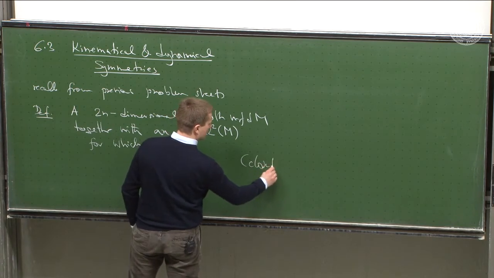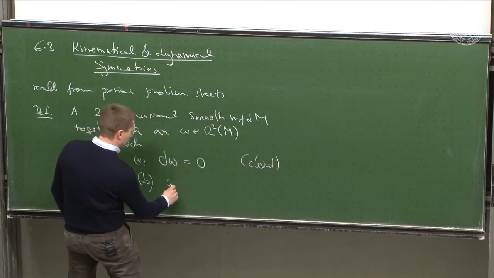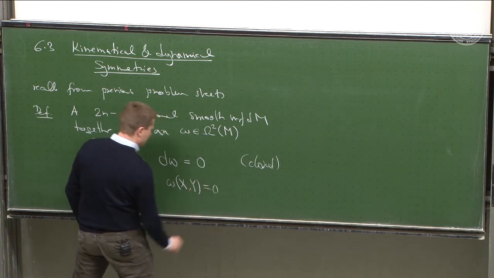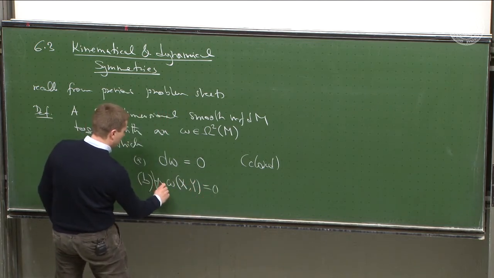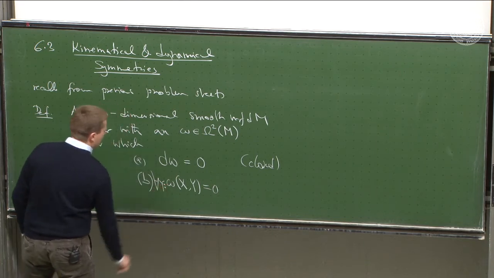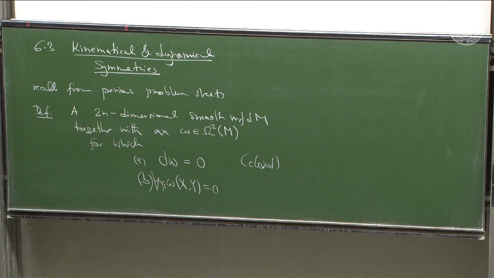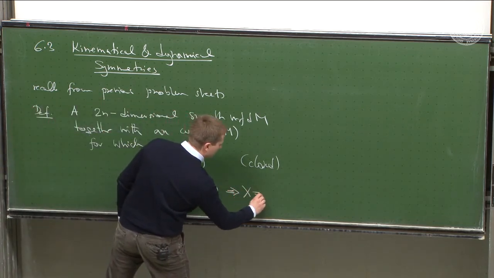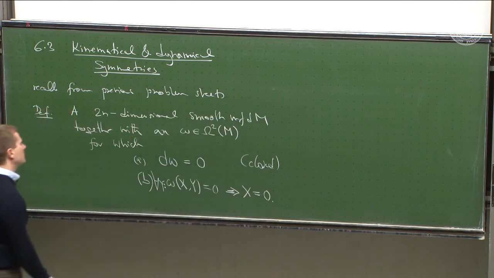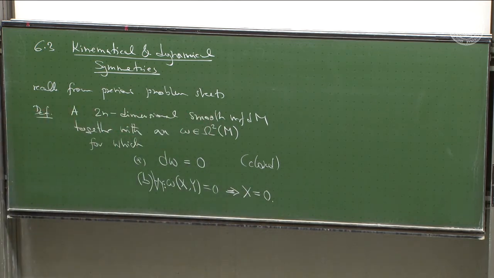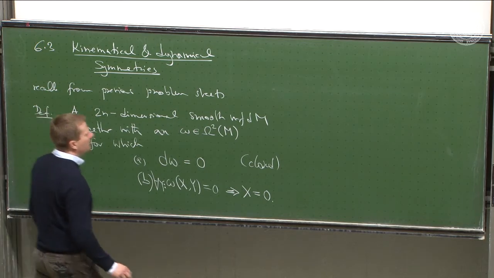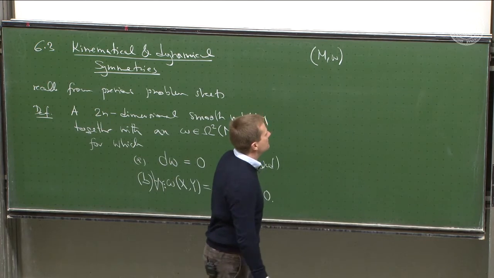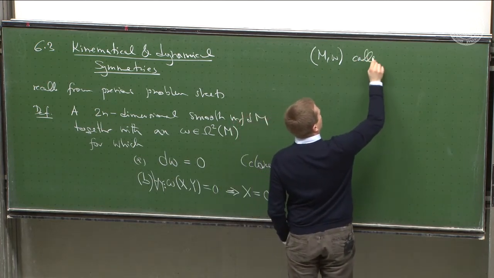So this is closed. And non-degeneracy here means that if you have omega of x and y equals 0 for all y, well, what is y? Y is a vector field, obviously, on this manifold. Then you can already conclude that x is 0. Okay, and that's a non-degeneracy condition. And such a pair, M with omega, satisfying these conditions, is called a symplectic manifold.